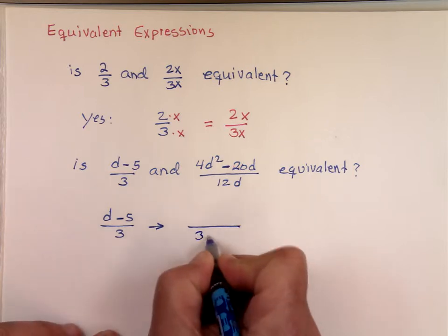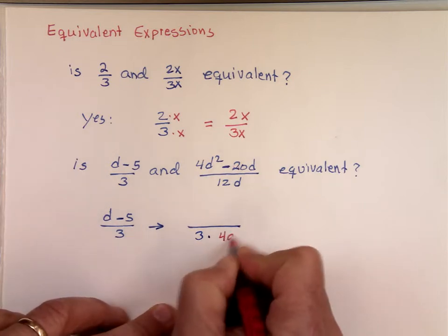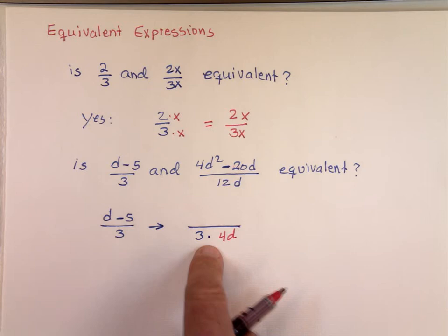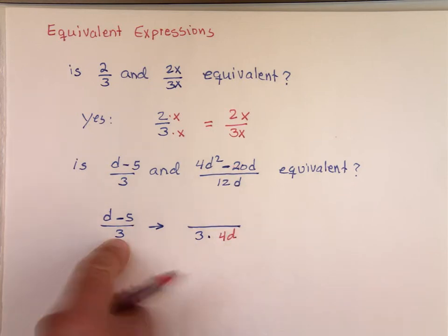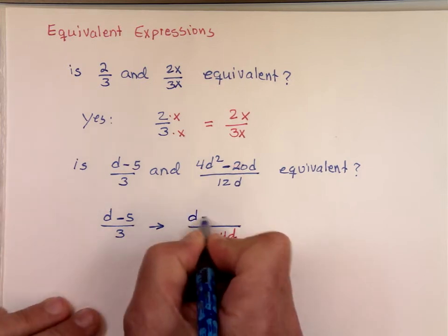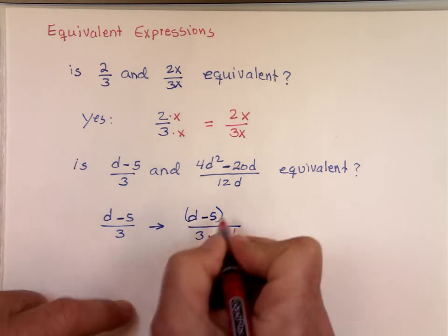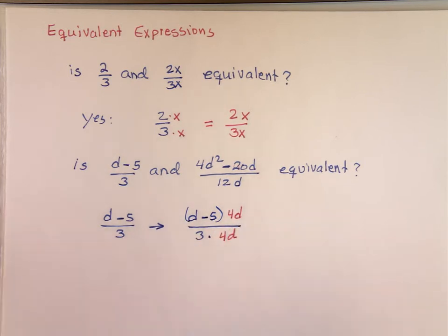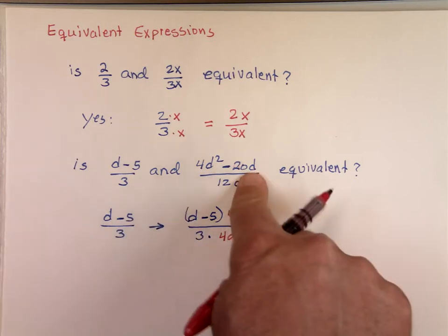Isn't that if you multiply it by 4d? What's 3 times 4d? Isn't that 12d? So let's see, if you multiply the bottom by 4d, that means you got to multiply the top by 4d. And let me simplify that and see if the result will produce that one. If it does, they are equivalent.